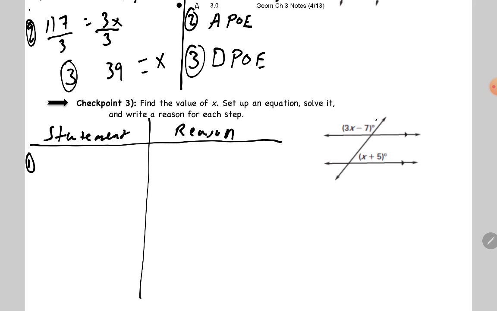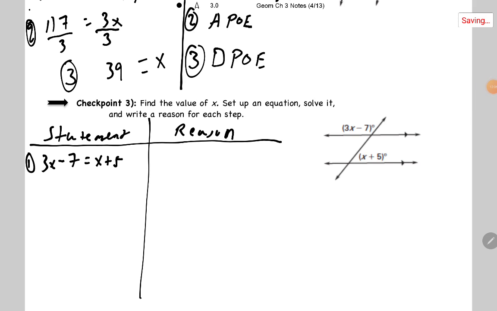Your given would be this angle is this, and this angle is this. But in this case, we can go straight to 3x minus 7 is equal to x plus 5 because, oh wait. Those are not equal.